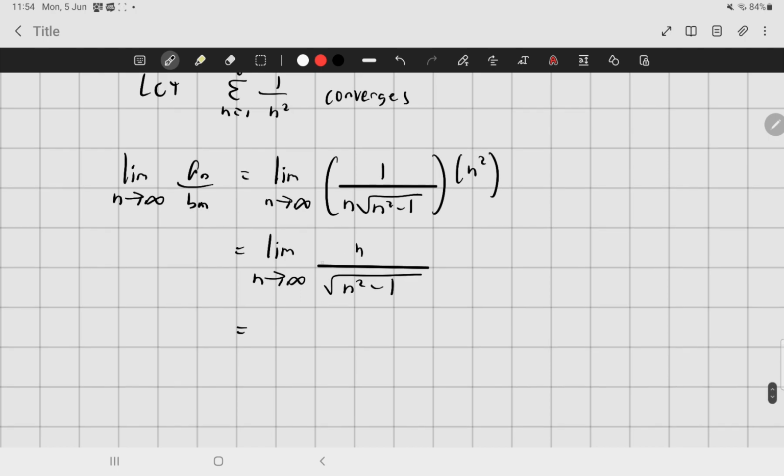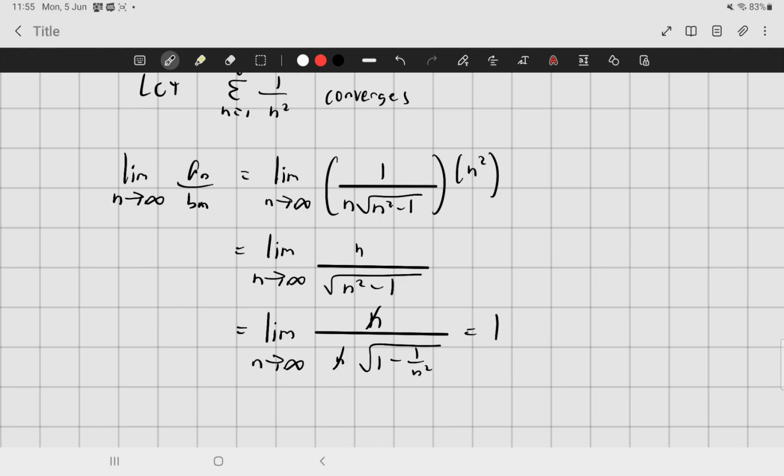I could factor out n squared, so it will be n squared times 1 minus 1 over n squared. And we know that the square root of n squared will be n, so this can cancel. You are left with 1. Remember, this is a positive domain, so it should be no problem. By bringing out the square root of n squared, there will be no absolute value because we don't need it, since n is always positive.